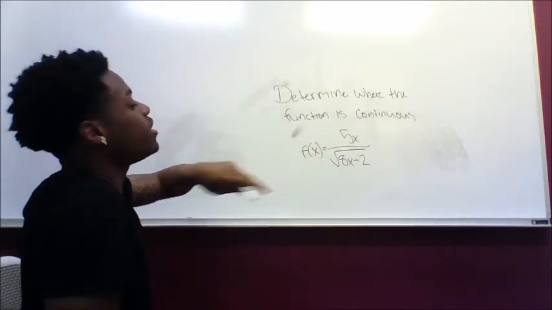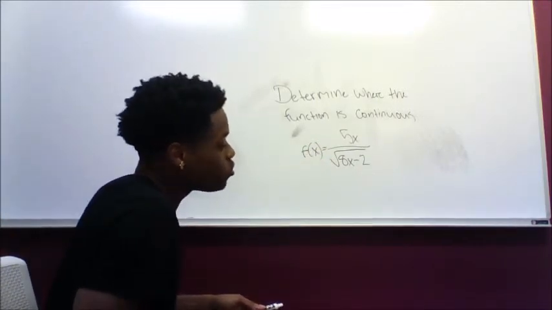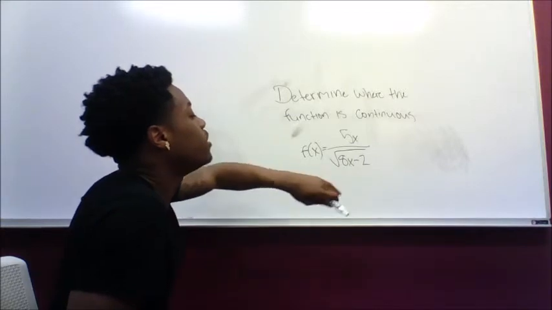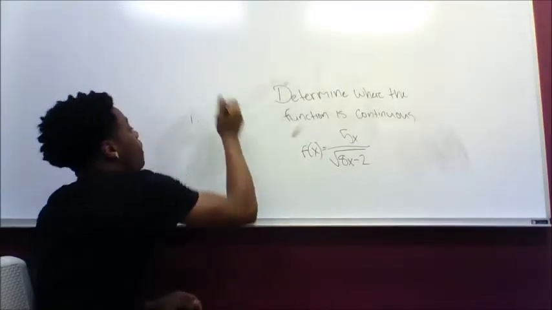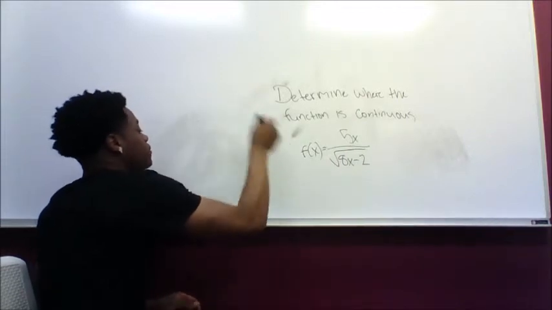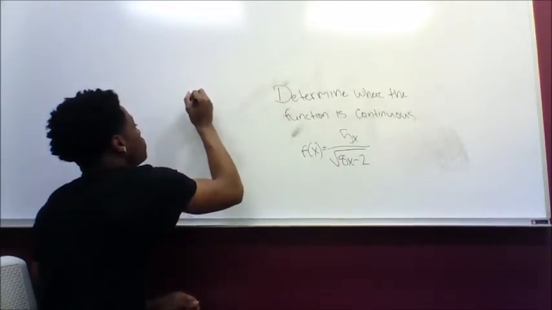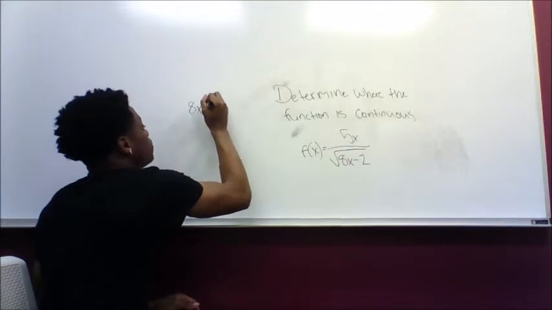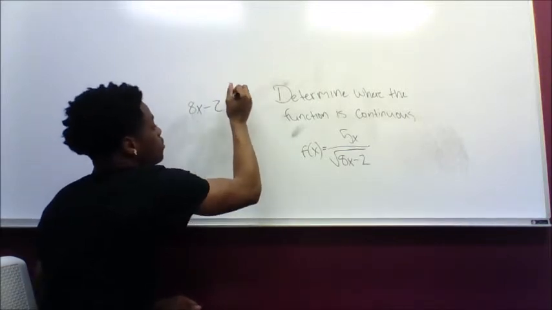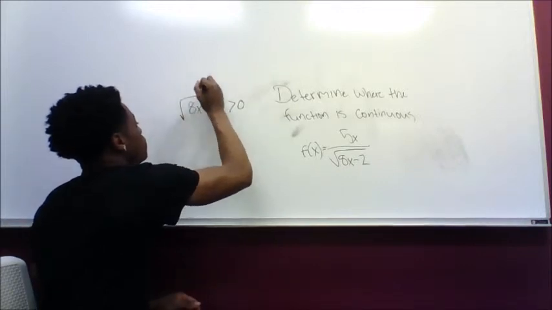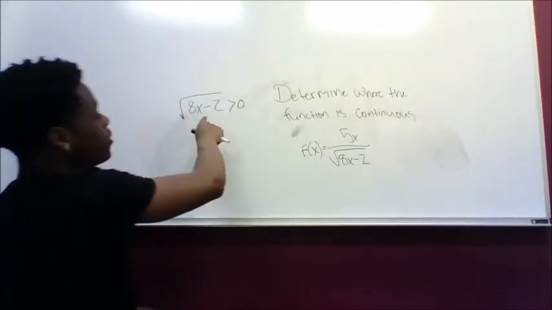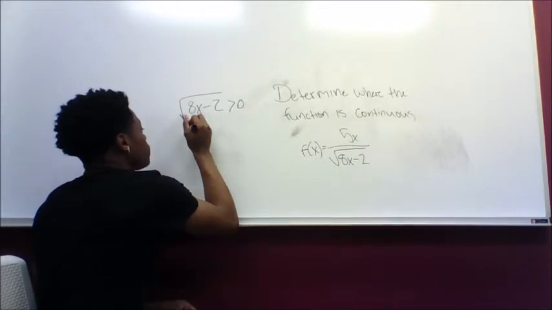I automatically know that you cannot take the square root of a negative number, and 0 cannot be in the denominator. So that means 8x subtract 2 is going to be greater than 0.